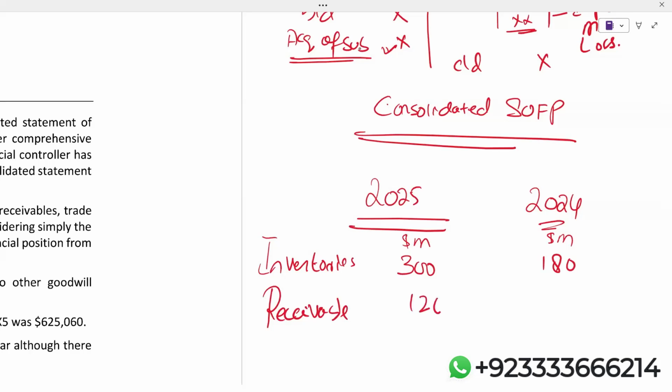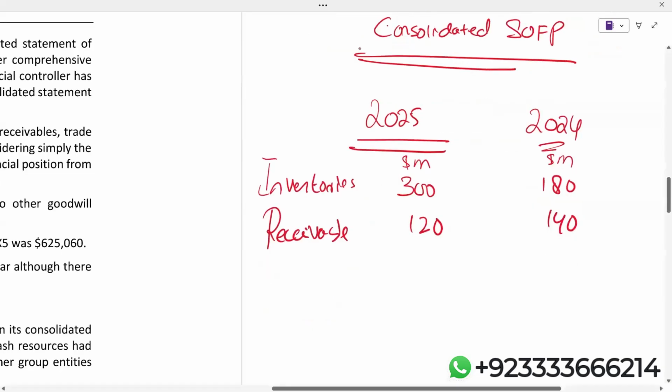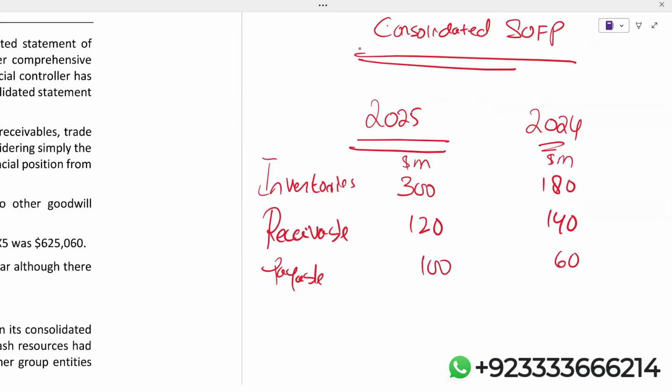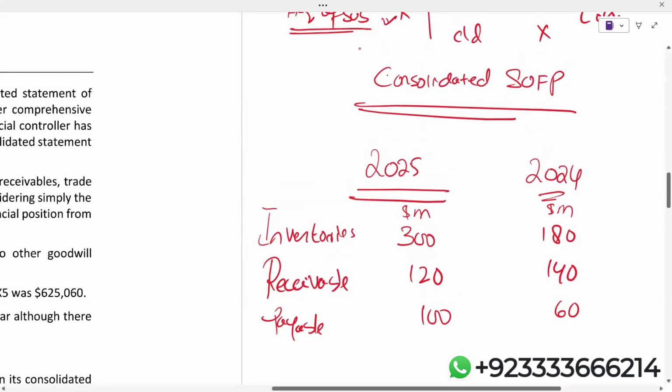Receivables, let's say 120, and previously I'm assuming it was 140. Trade payables, assuming 100, and previously it was 60. Again, just assumptions. This is all coming from the consolidated SOFP.